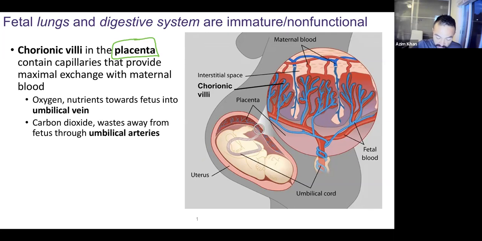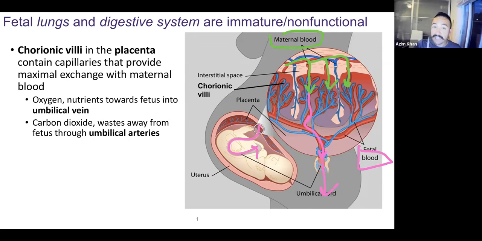Zooming in on the placenta, you can see maternal blood vessels that deliver blood towards the fetus, and then fetal blood vessels that take those nutrients towards the fetus itself.